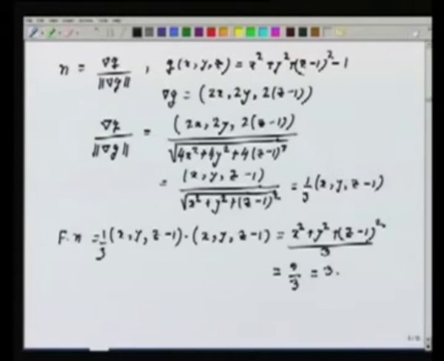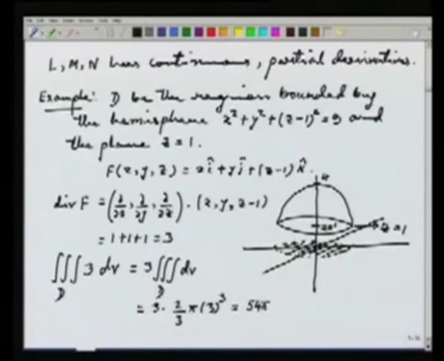Okay. So now the integral on the boundary, if I look at the picture again, this boundary is actually consisting of two surfaces. One surface is the part of the hemisphere and the other surface is the plane z equals 1. So the boundary integral now has two components.